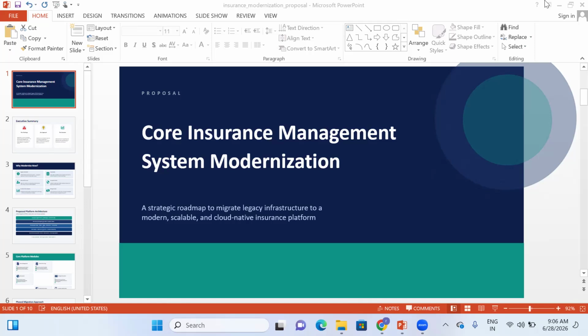In the process, I am showing you a core insurance management system modernization, wherein consider, for example, the customer wants a migration from legacy infrastructure to the modern way of policy management or insurance management, and it must be cloud native. If this is the requirement, we need to provide a strategic roadmap for that.